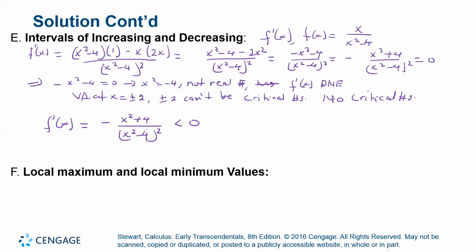The denominator will be positive no matter what, and the numerator will be negative for all x in the domain. So we will say that the function f decreases on its domain.